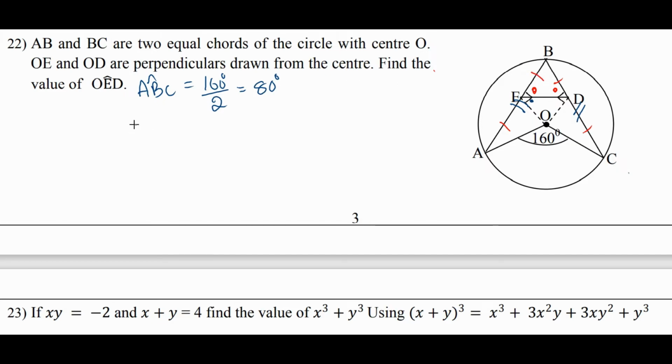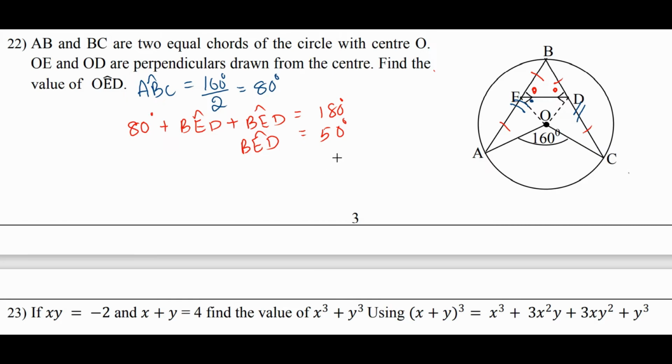We know the angle of this is 80. So 80 plus BED plus, again, BED equals 180. Then the BED angle is 50 degrees. But again we know OEB is 90 degrees, because OEB is a perpendicular.